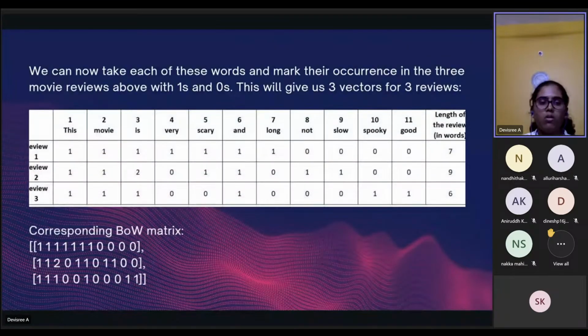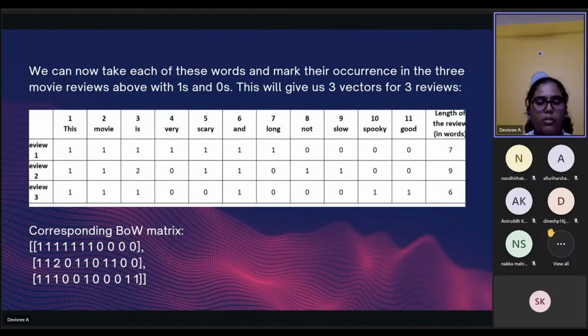Now to create the matrix, I've put a table. In this table, the rows consist of the reviews and the columns consist of the words. You fill in the values with zeros, ones, and twos, or the frequency of the number of times these words occur in the particular review.